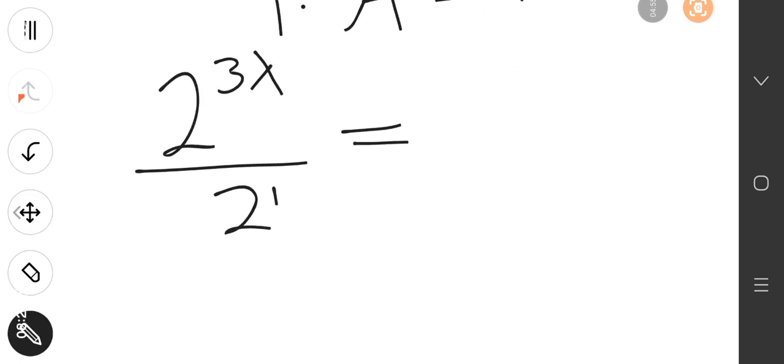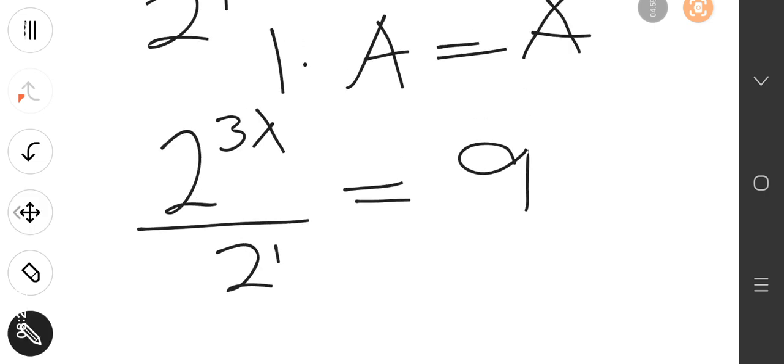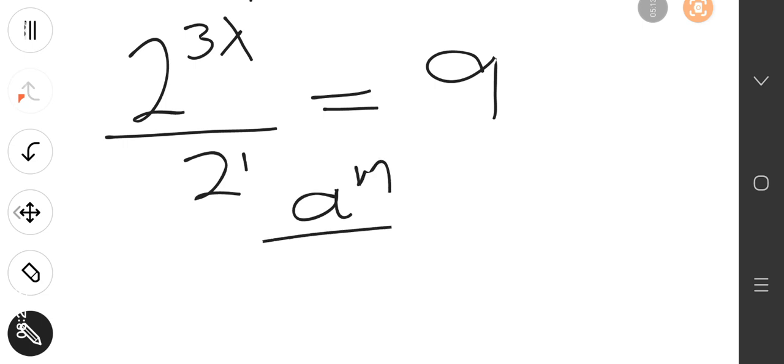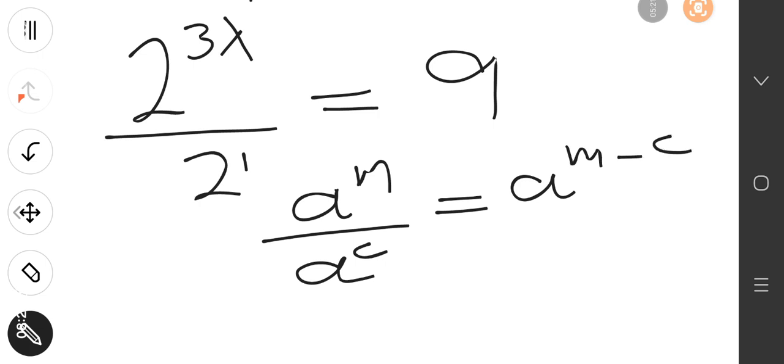According to the rule we have stated here, now let's continue. Now, we are going to use the quotient rule of indices here. That is, if you have a exponent m over a exponent c, this equals a exponent m minus c.